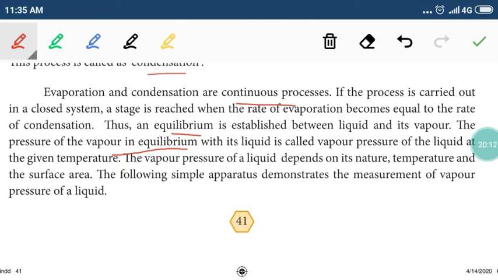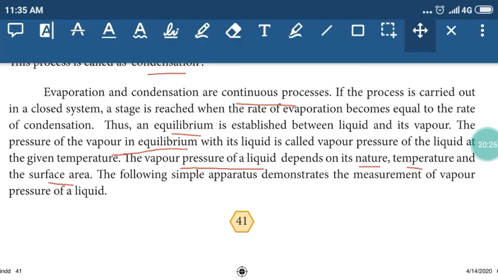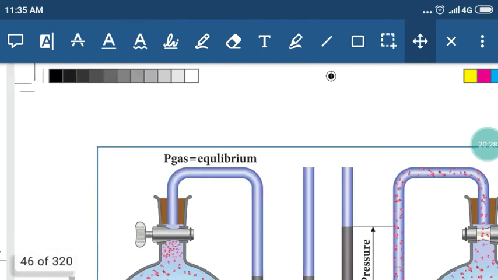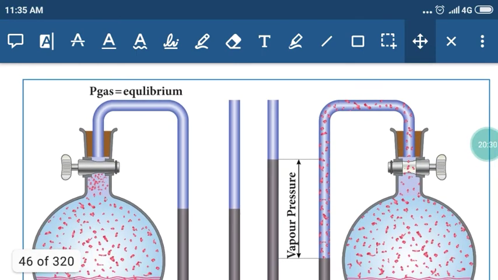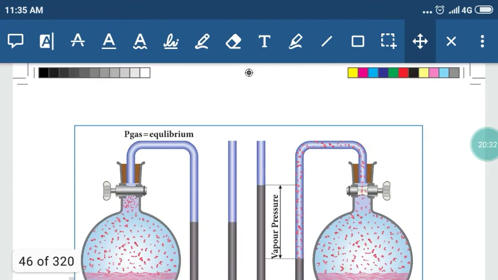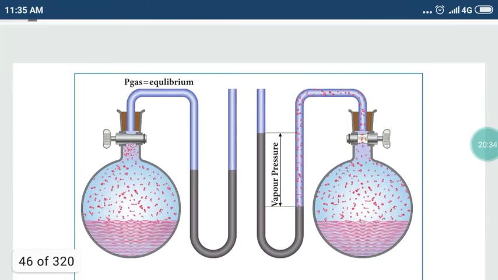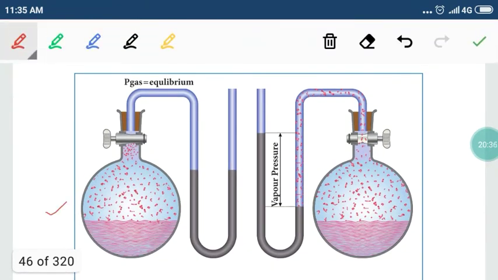And the vapor pressure of a liquid depends on its nature, temperature and the surface area. Then a simple experiment is given to measure the vapor pressure of a liquid. We take a round bottom flask.